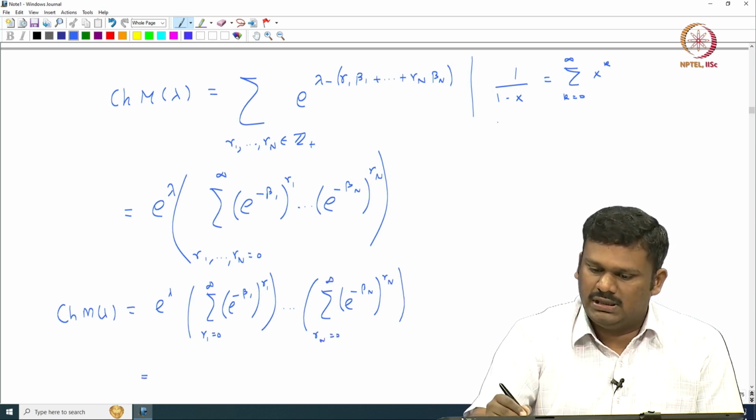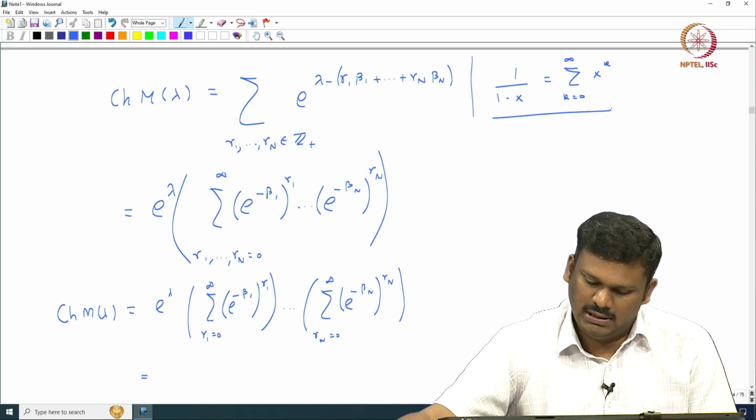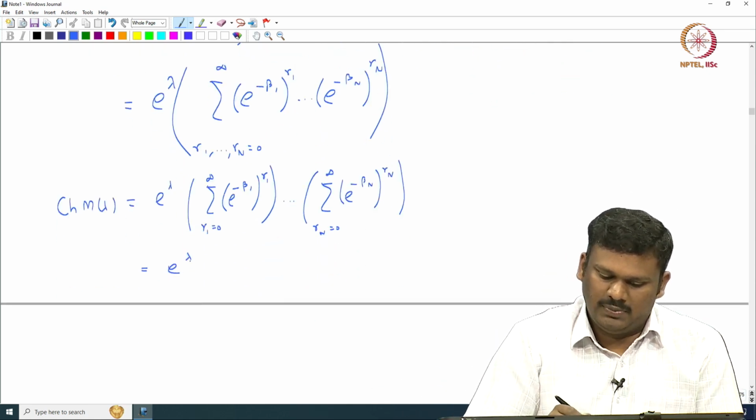So, now using this identity, if you replace this, then you can easily see that this is e power lambda times 1 divided by 1 minus e power minus beta 1 times etcetera times 1 divided by 1 minus e power minus beta n.